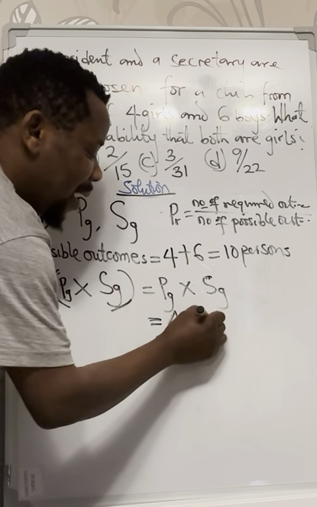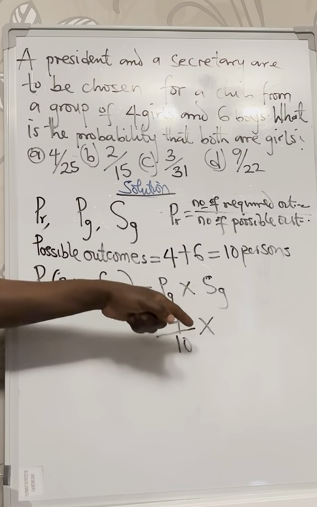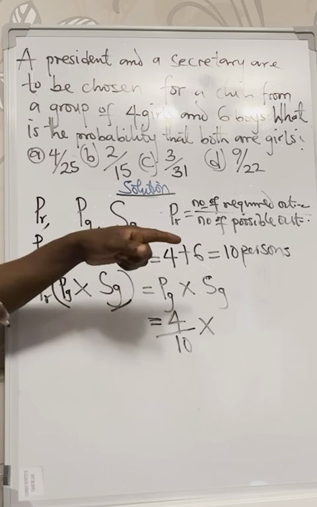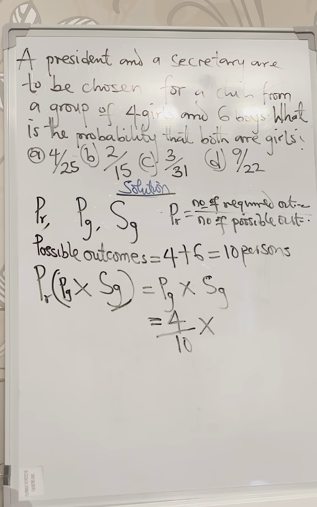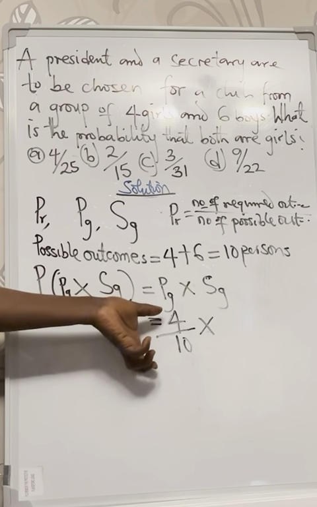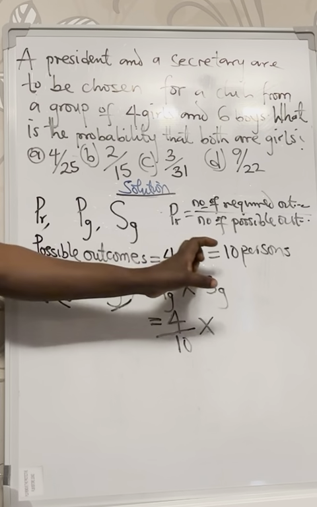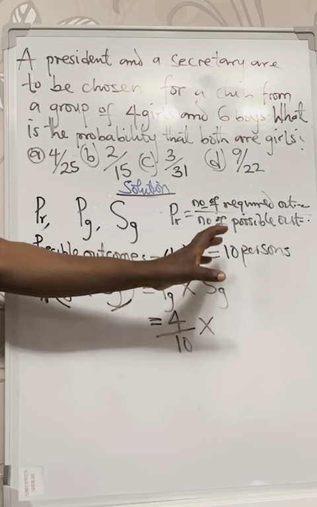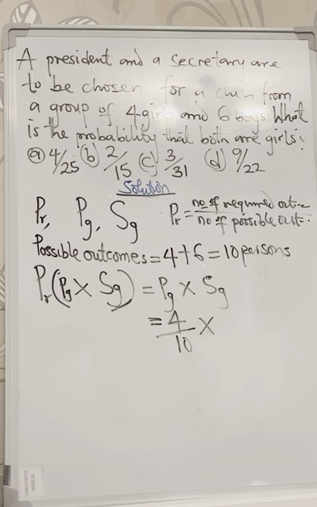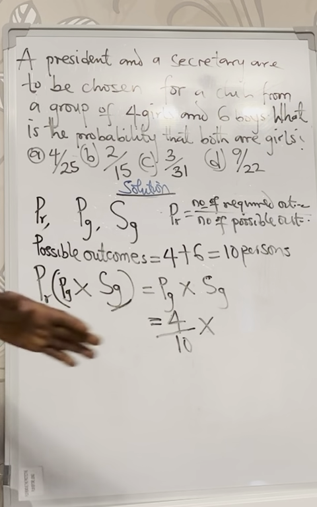But remember, we equally have that the secretary is also a girl. What do we do? This time around, something has just happened to the number of persons in the club. One of them is already out. At this time, the possible outcome is no longer 10.